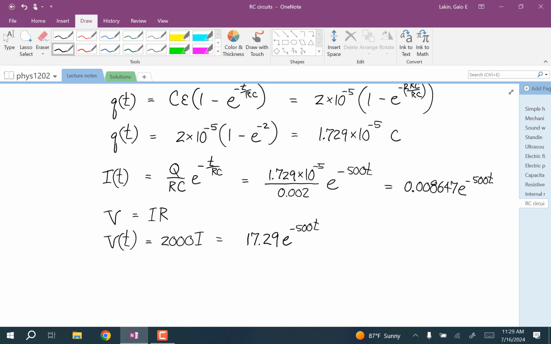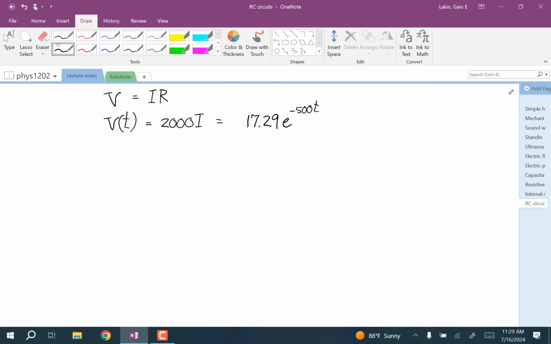Well, what can you do with this if you have a capacitor and resistor, let's say that you have more than one capacitor? Is there anything you can do with that? It turns out that there is, if we use the rules of series and parallel capacitors.